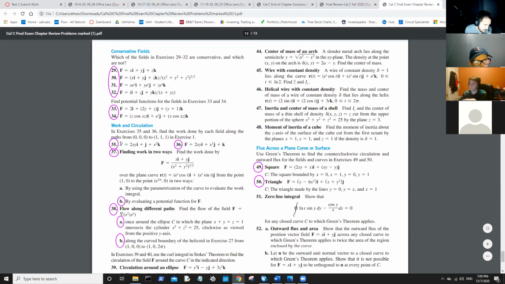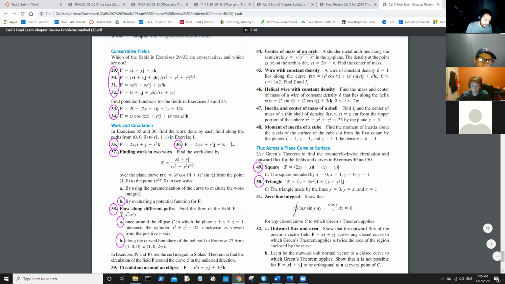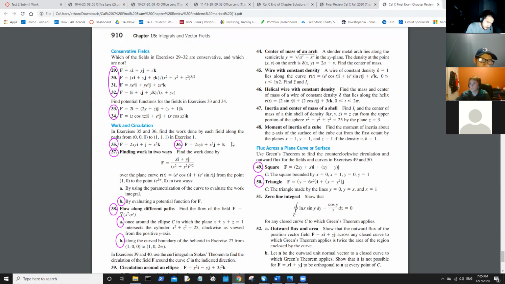Jeffrey, what do you think the potential function is for 36? We have x squared y. Yeah, x squared y plus z. Yeah, that fits most likely.